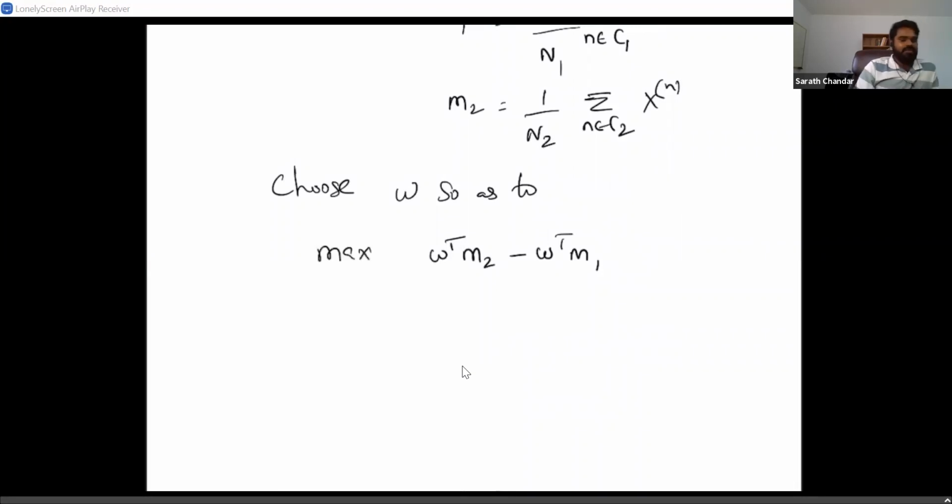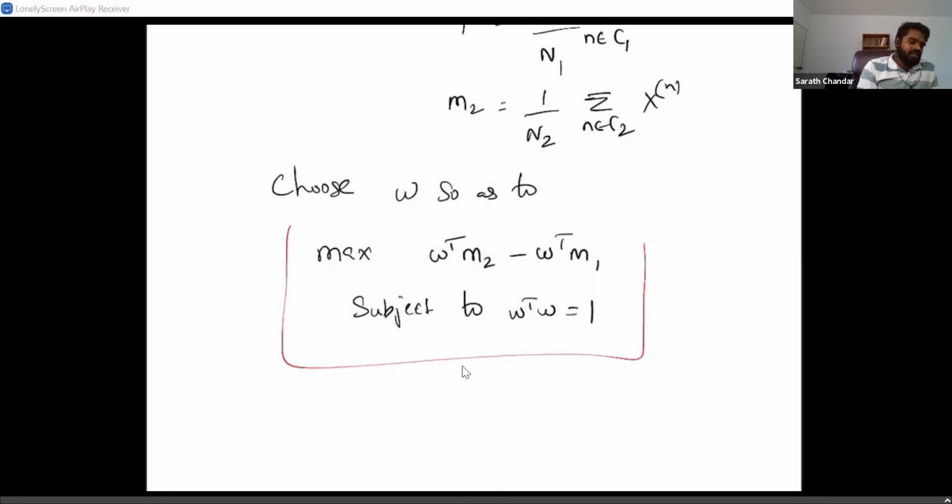Now we have the same issue as in PCA: if we just maximize this function without any constraints on W, you could just keep increasing the magnitude of W. So we have a constraint, subject to W transpose W equal to 1. Now this is the new objective function.